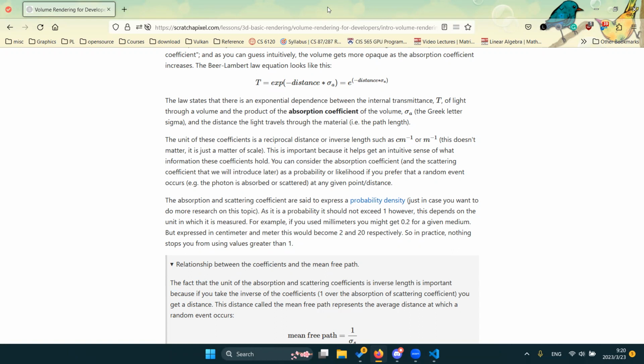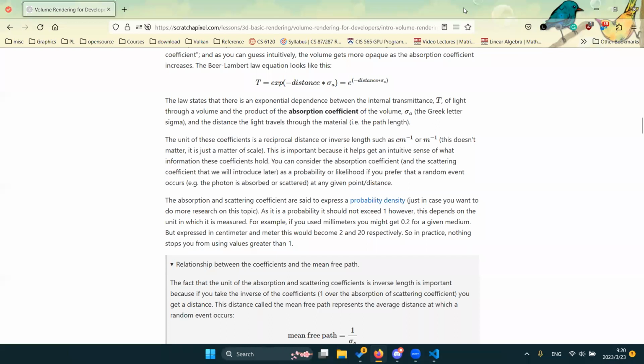I guess I'm just trying to say that the probability is given in terms of some sort of units. But it's not linear, right? So you have to choose some distance.